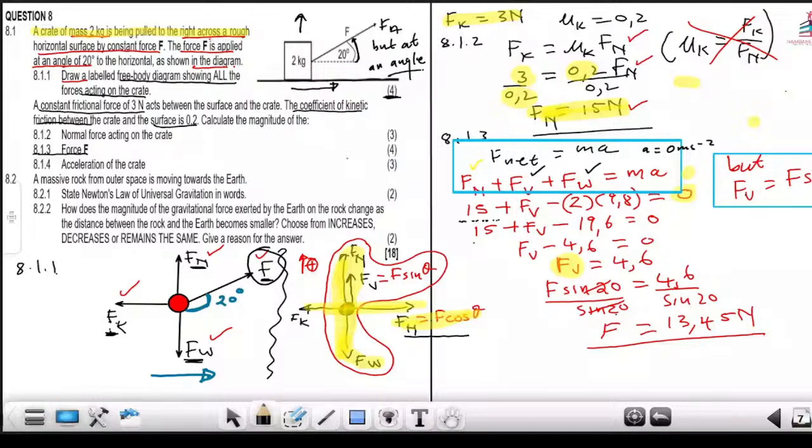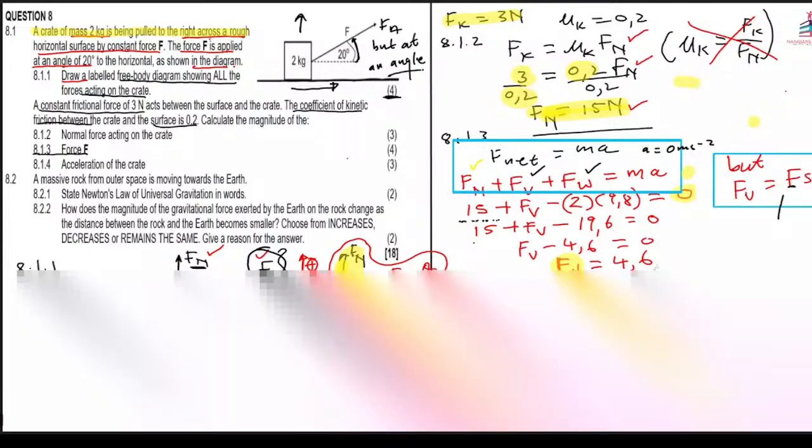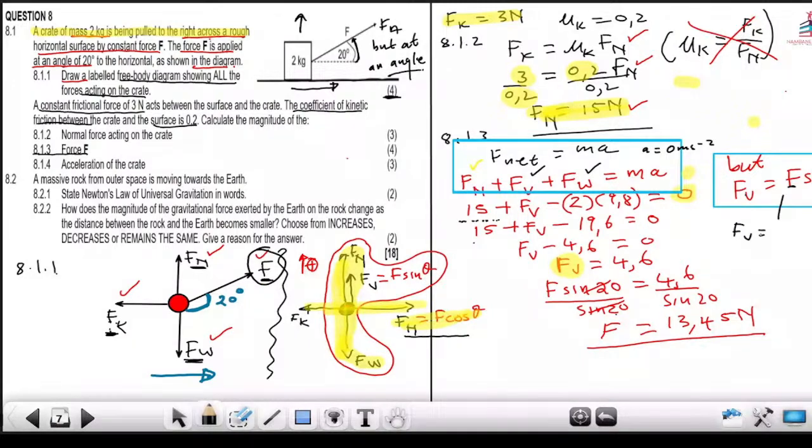So like we said, FV, being a component, is just F sine of theta. If I can calculate the magnitude of FV, with sine of theta, which is 20, I already have, then this should be an easy approach.